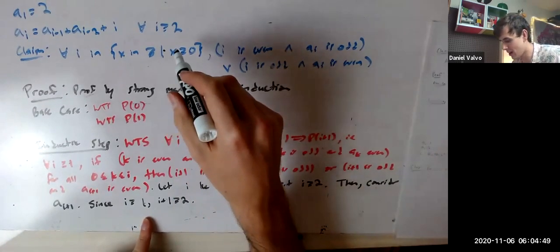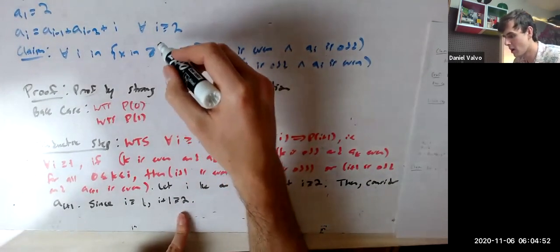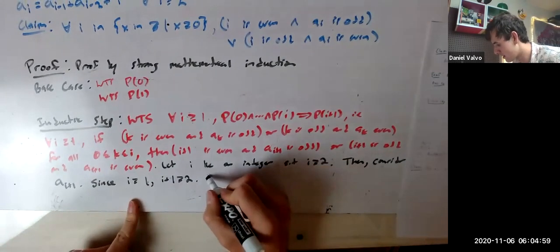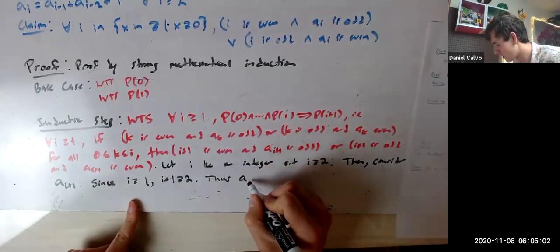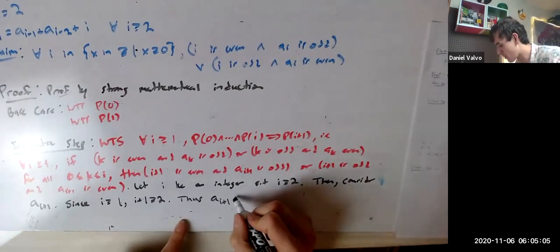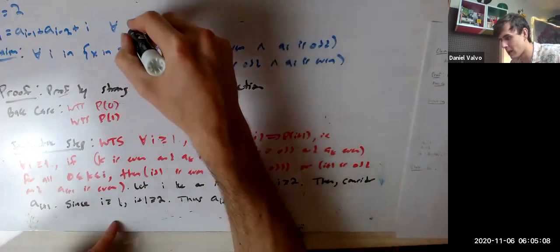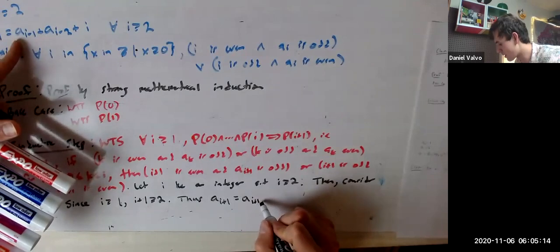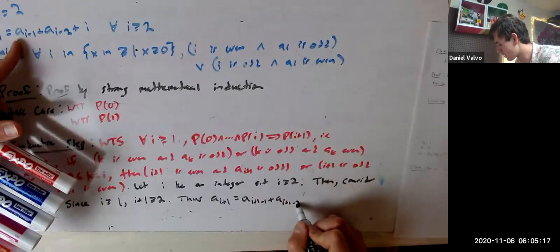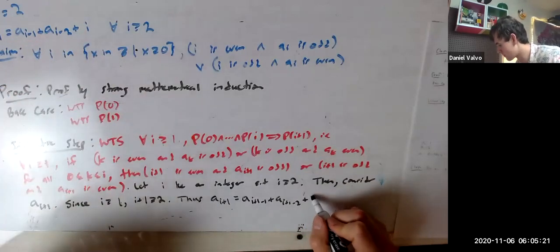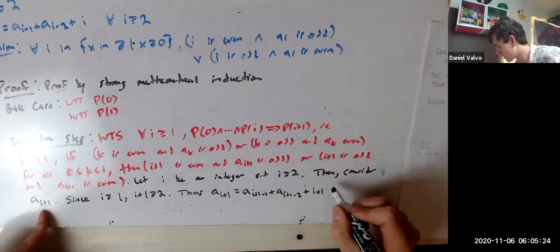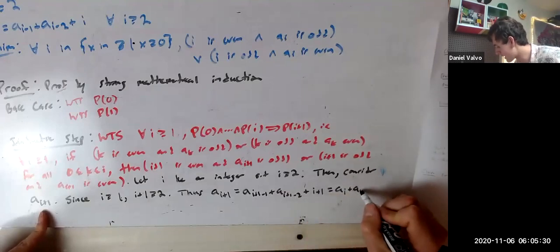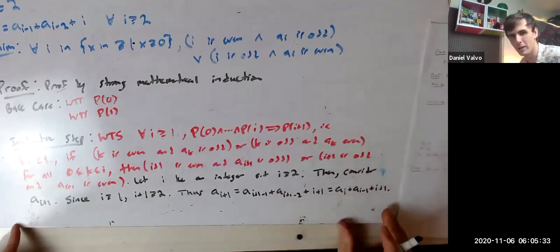Because by our definition here, since i plus 1 is greater than or equal to 2, we can use this formula to compute a_{i+1}. So a_{i+1} is the two previous terms, a_{i+1-1} plus a_{i+1-2} plus the index, which in this case, a_{i+1-1} is just a_i, and a_{i+1-2} is a_{i-1}, plus i plus 1.